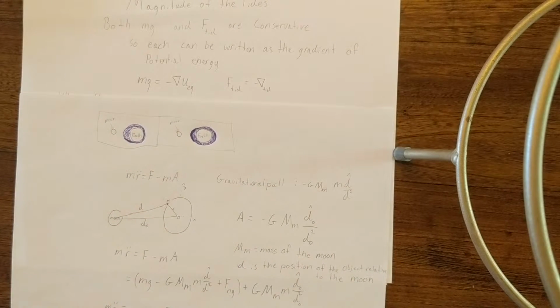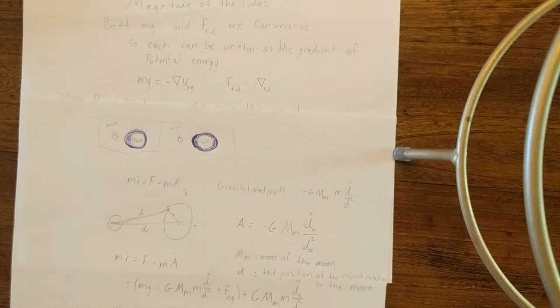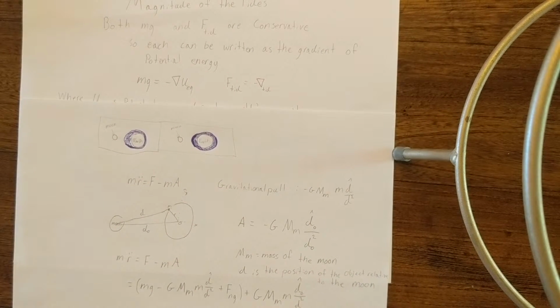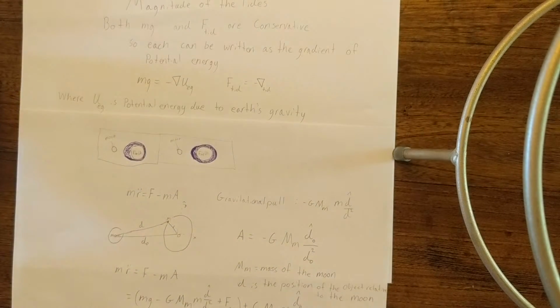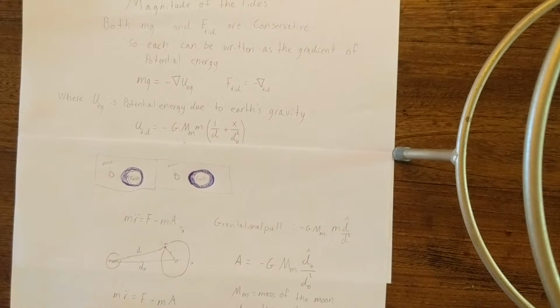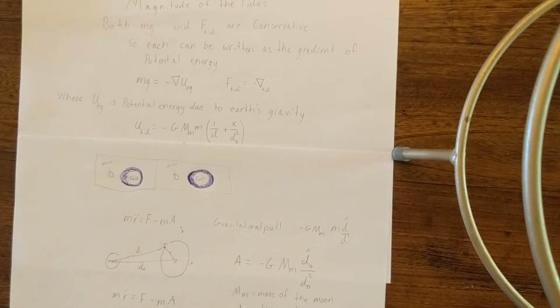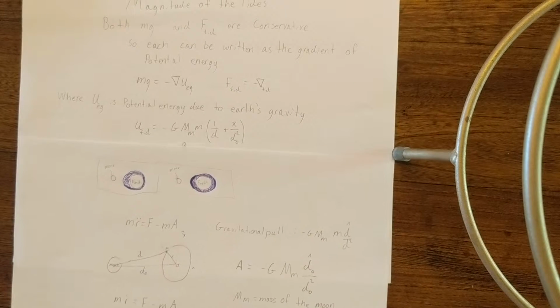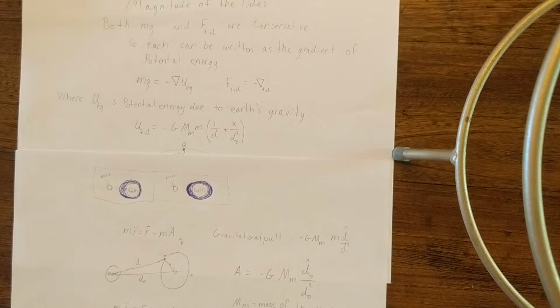So we have m g equals the negative gradient of the potential energy of Earth's gravity, and then we have the negative gradient of the tidal force. Using the tidal force from what we got earlier, we can denote what our potential energy would be for this tidal force.